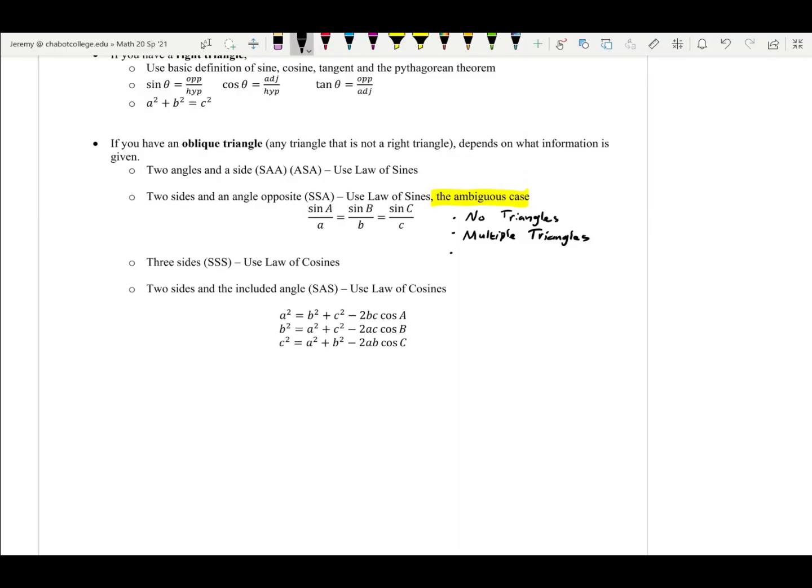It also has a way of happening on exams. And then there's also the single triangle case, where the information given, those two sides and that angle, only define one triangle. So in the side-side-angle situation, we can use law of sines, but we have to be careful because we don't know which case we're looking at until we start playing around with it.